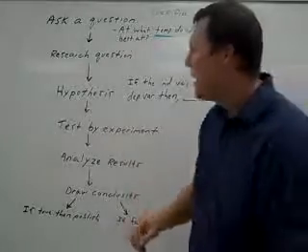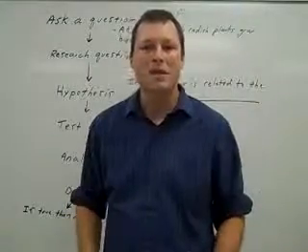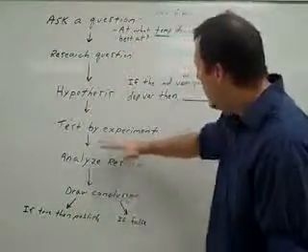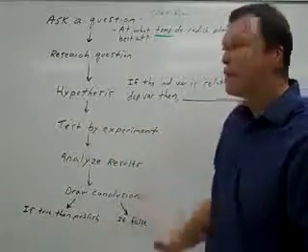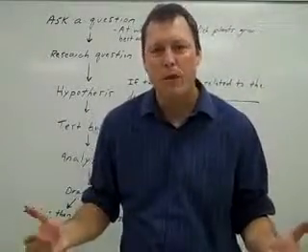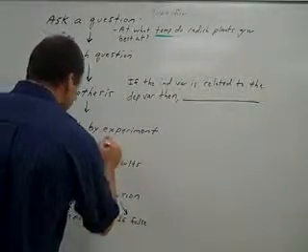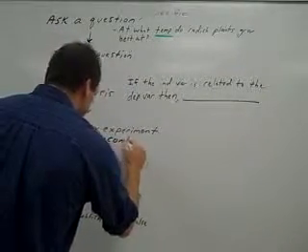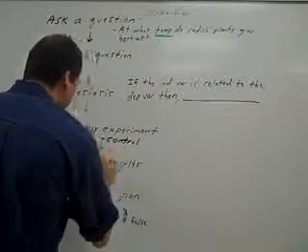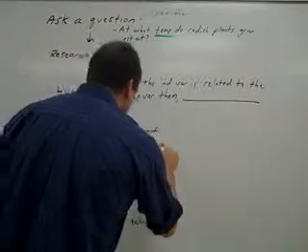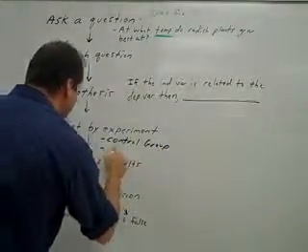Now I want to go ahead and I want to test that hypothesis. Now, when I set up my experiment, typically I want two groups. I want a control group and I want an experimental group.